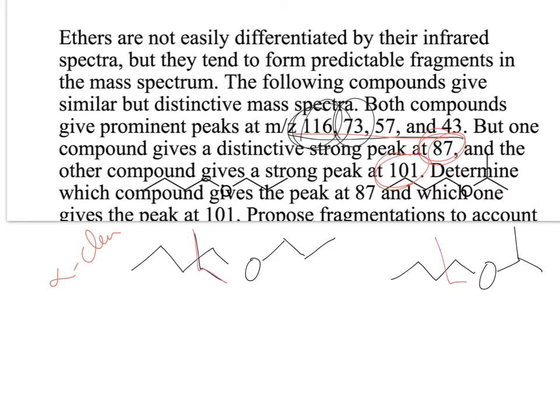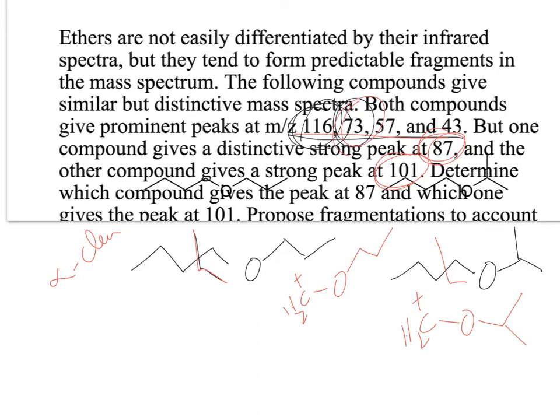and then you cleave here at this alpha position, the 1, 2, 3, 4, if you do that mass fragment, you'll see CH2 plus oxygen, CH2 carbocation plus oxygen. You'd see that both of those are 73.